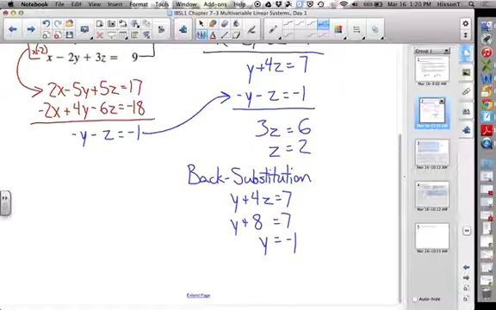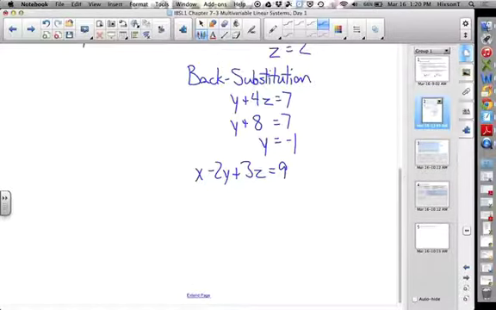Now I use back substitution again, and I'll use it with this third equation here: x minus 2y plus 3z equals 9. I now know that z is 2, so 3z is 6.